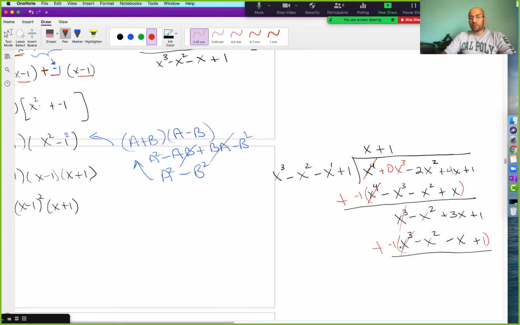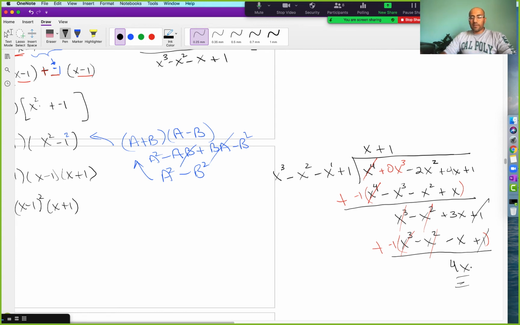These will cancel. Minus makes it a plus, and adding down, these cancel. Minus makes it a plus, which means I get a plus 4x, and these two cancel out as well. So I just have 4x.